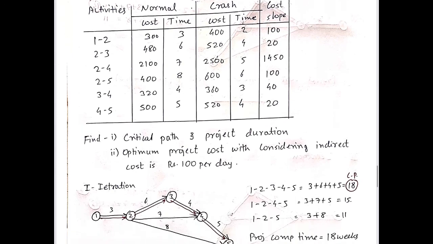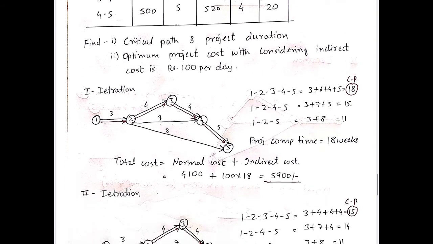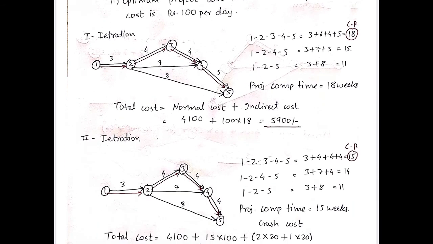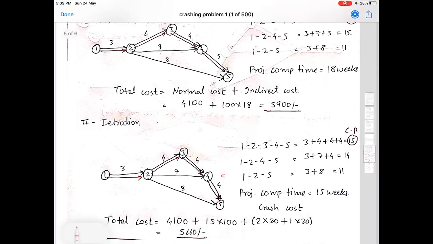As you can see, among the cost slopes of these activities, activity 4-5 has the least cost slope, that is 20. So we have to go for crashing of activity 4-5.